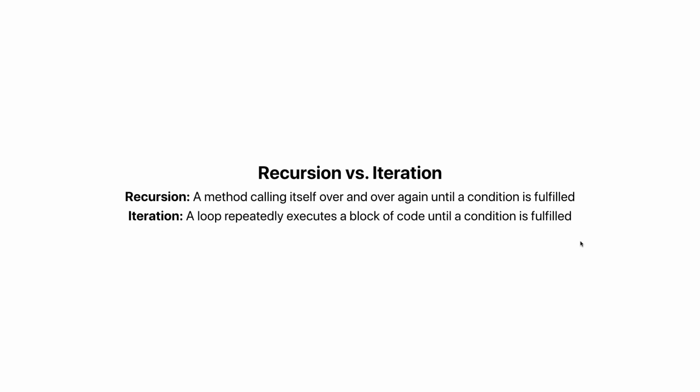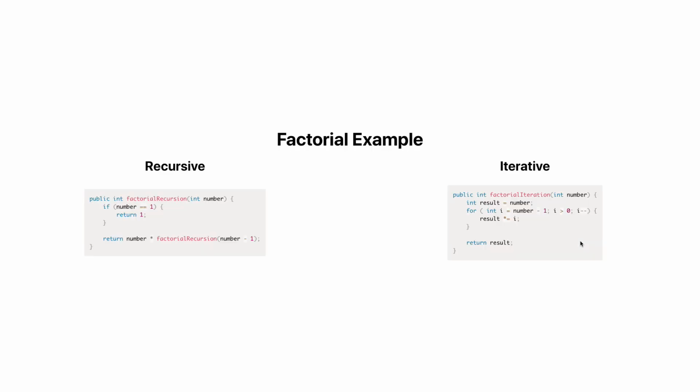A great example of recursion is factorials. Let's look at the iterative one first because that's what you're used to. This is a function, factorial iteration. It takes in a number. We just have the result be number, because it doesn't really matter. Then we do this for loop.